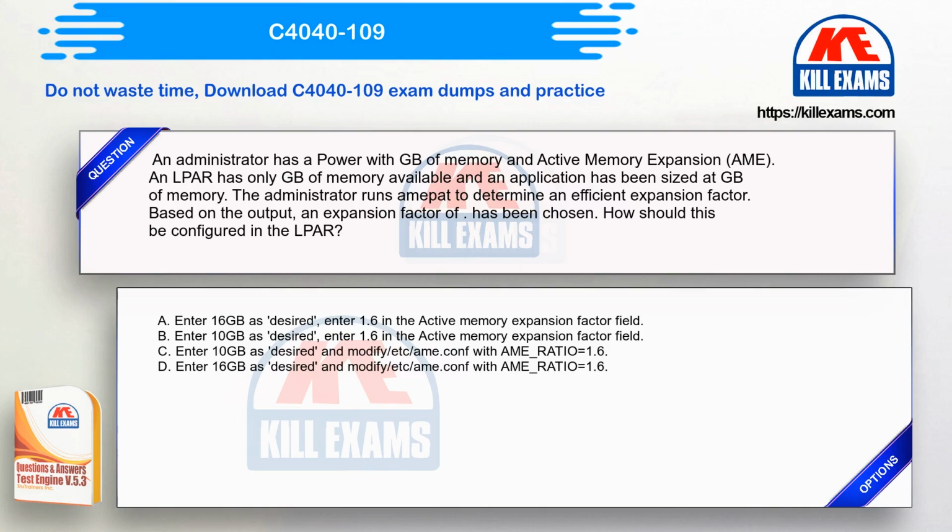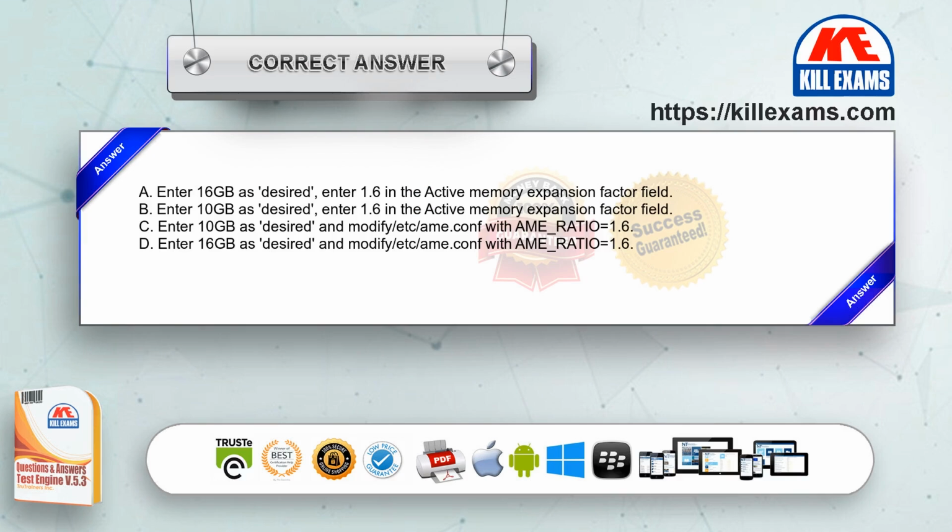Option C. Enter 10 GB as desired and modify /etc/ame.conf with ame_ratio equals 1.6. Option D. Enter 16 GB as desired and modify /etc/ame.conf with ame_ratio equals 1.6. The correct answer is option B.